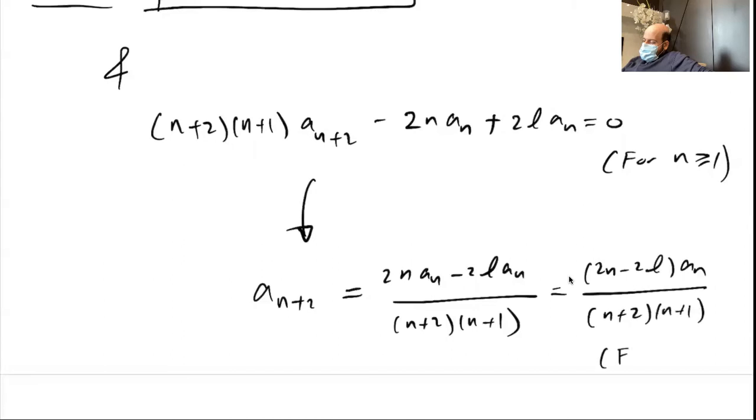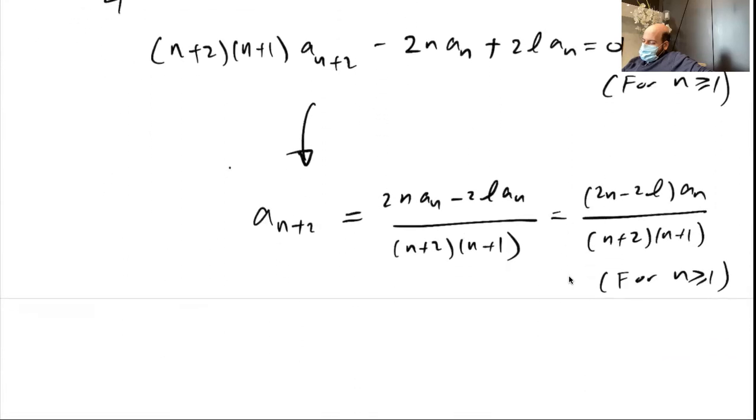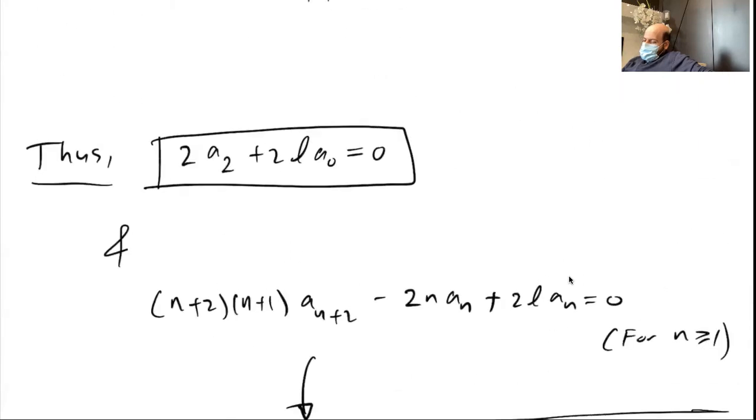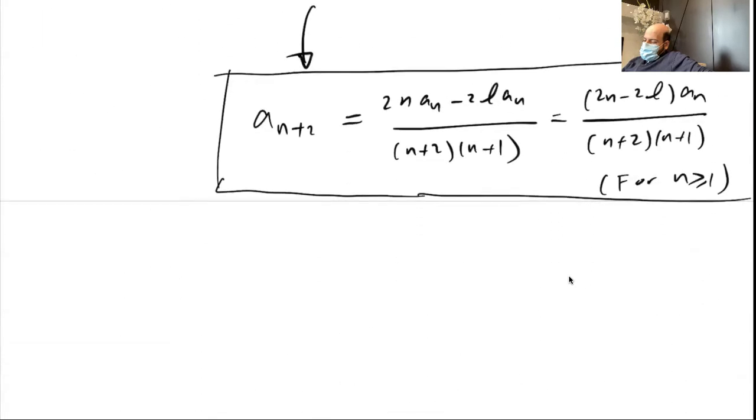So this has to be valid, again, for n bigger than or equal to 1. And we got 2a2 plus 2la0 equals 0, which means a2 will be minus l a0. This is one equation, and for n bigger than or equal to 1, we have this recursive relation.